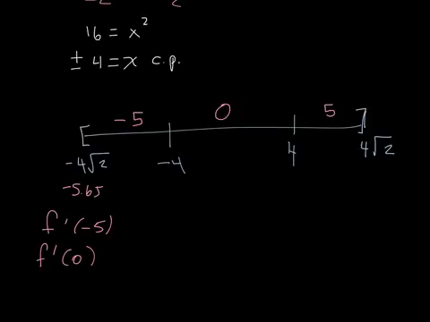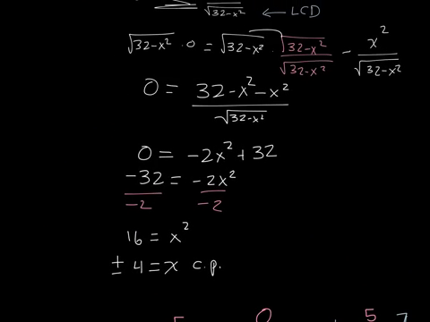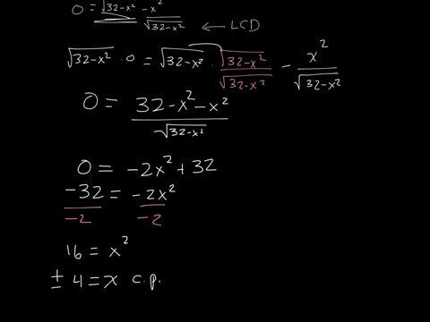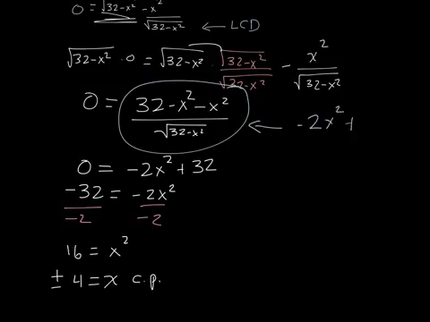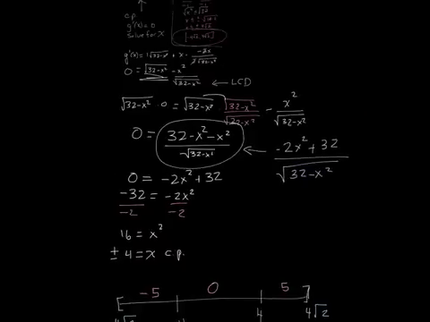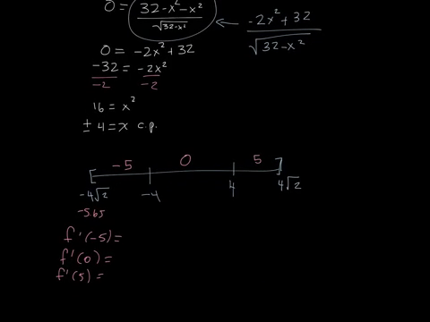I probably would go back to this line, I know I'm jumping around, meaning -2x squared plus 32 over, this is the derivative format that I'm going to plug in. So when you see me plugging into the derivative, that's the one I'm going to use.